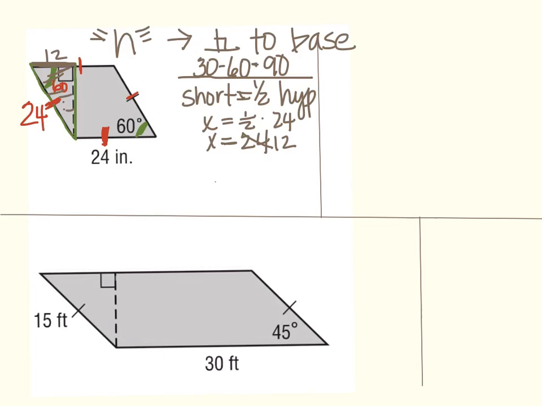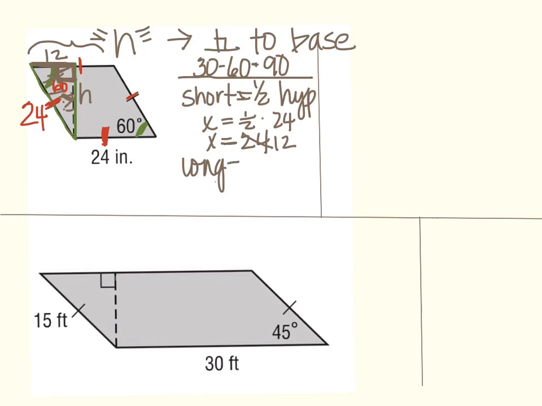Now you go, well, okay, good, because technically I know that this whole thing's 24. Yeah, but that's not what we're looking for. We're looking for this height. And remember, the height has to be perpendicular to the base. I didn't say the base had to be on the bottom. It's just that the base and the height are always perpendicular. So always look for your perpendicular symbol, okay? Now, if I know that that short leg is 12, how do I find my height? Well, the height happens to be across from the long leg, the 60.